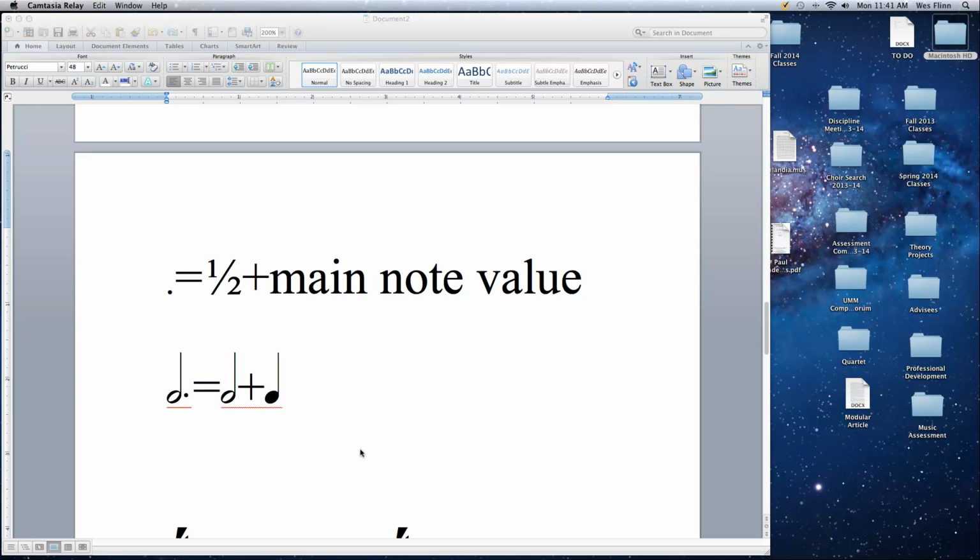So these note values and rest values are relational, which means that a half note and a quarter note have a 2-to-1 relationship. A quarter note and a whole note have a 1-to-4 relationship. So to get one whole note, you need 4 quarter notes, etc. And because of that, we need more context.